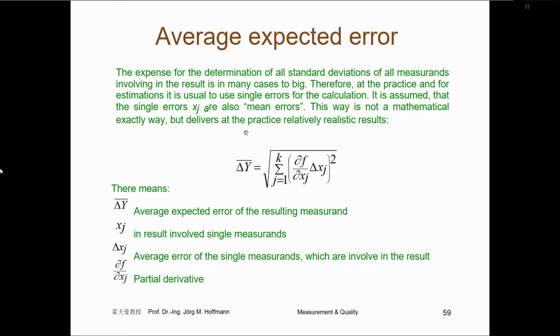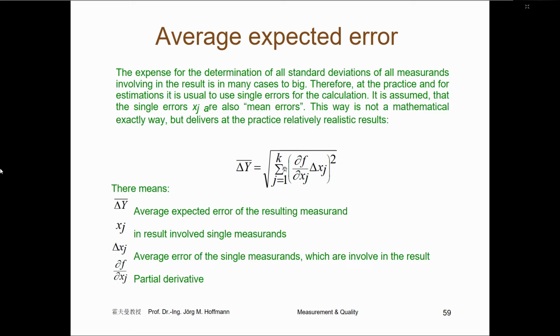This average expected error is mathematically not exact, because the true formula works for the propagation of the standard deviation. This formula uses the same formula, but we put in other errors to calculate the resulting error, and we call it an average expected error. But it is used very often in industry because in many cases you do not have a standard deviation.